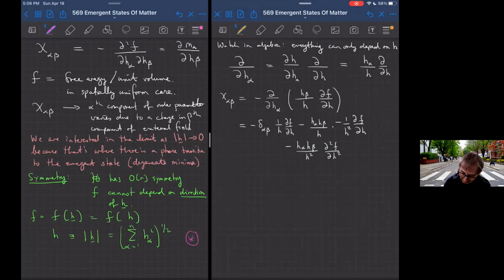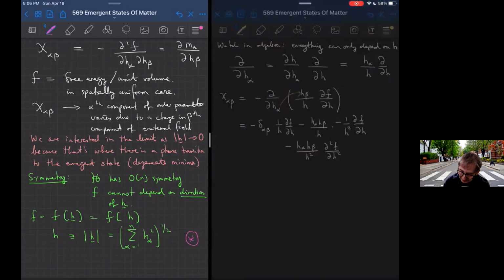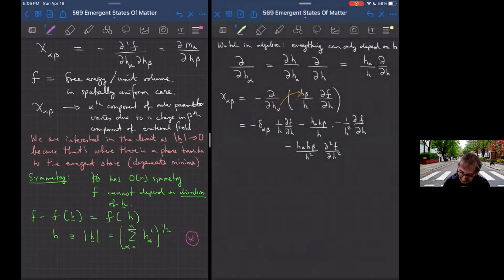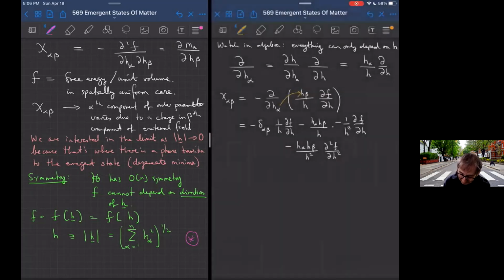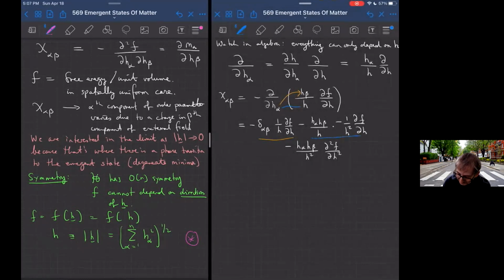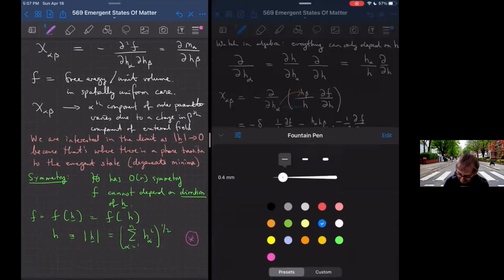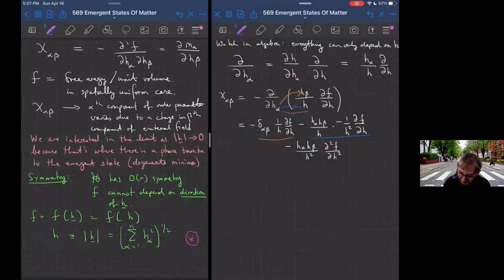And these things come from the following terms. So this one comes from this acting on here, then this one, that's this term, and then this second term is this thing acting on here. So that gives me this term over here, and then lastly, this thing acting on here just gives me this last term over here.